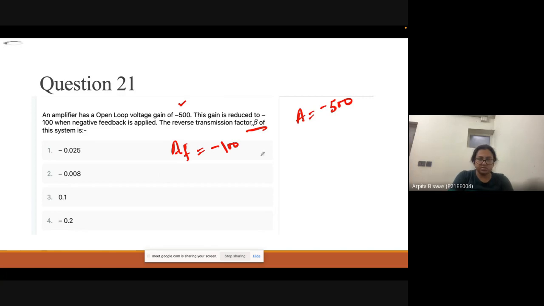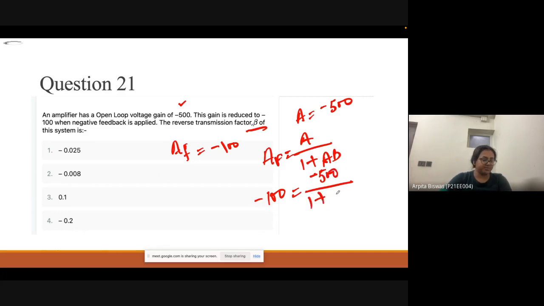So we know the equation that AF equal to, what is the value of AF? A by 1 plus A beta. So AF value is given here, minus 100, and A value is minus 500. Then 1 plus minus 500 into beta.